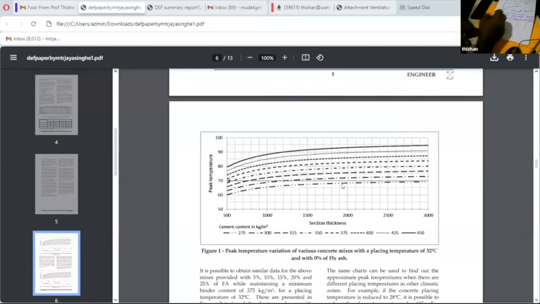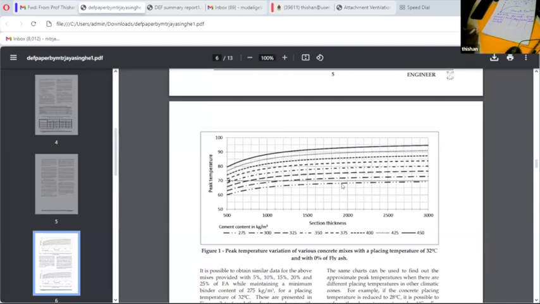So I can use 40 megapascal concrete with 300. The maximum cement is 300 cement, and I'll use something like 120 fly ash. Because I want 40 megapascal, I'd like the cementitious content to be more than 400. So I'm using 120 fly ash.